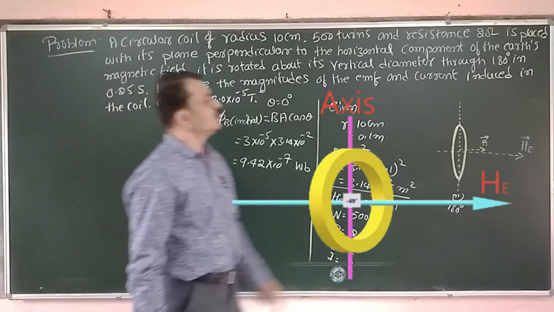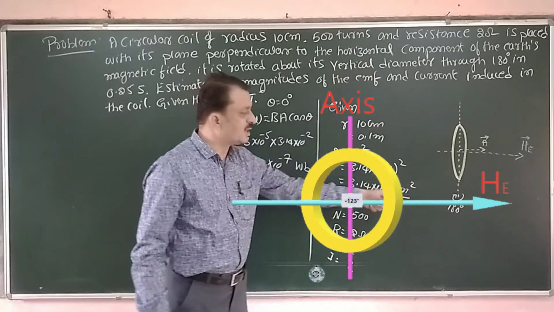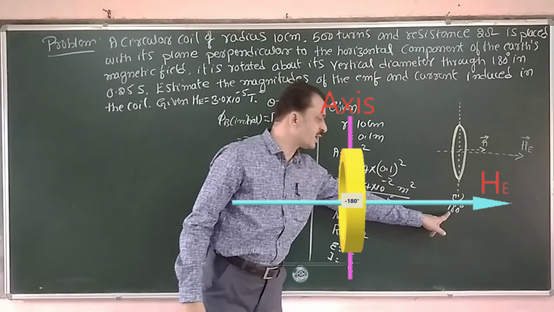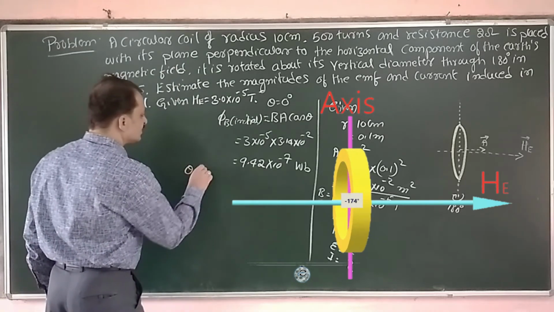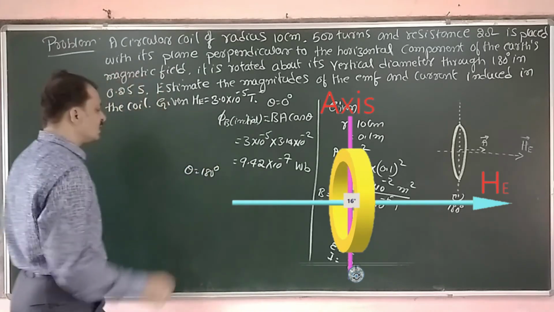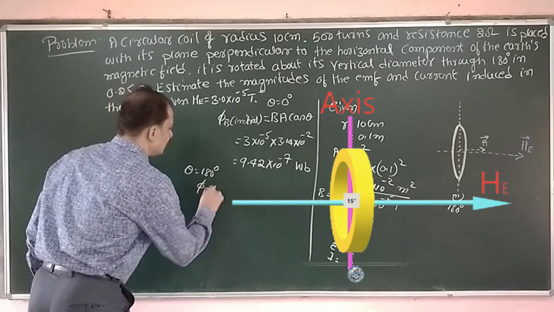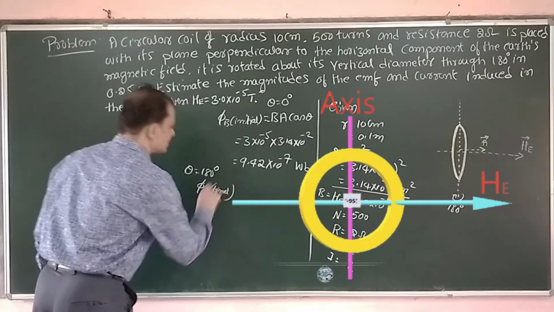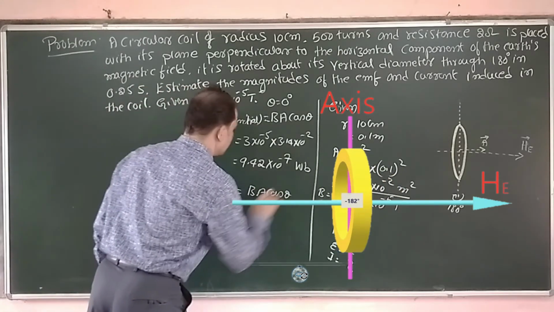It is the initial flux. Now what happened? Now the coil is rotated about its vertical diameter through how many degrees? 180 degree. For the final case, theta is equal to 180 degree. Therefore, final magnetic flux is once again BA cos theta.